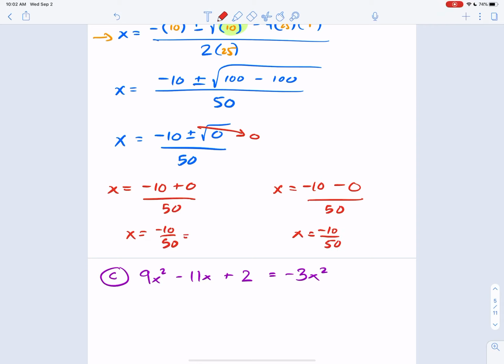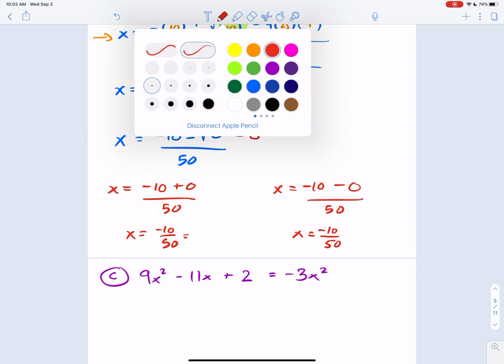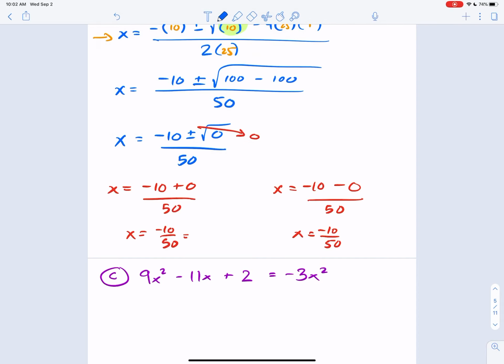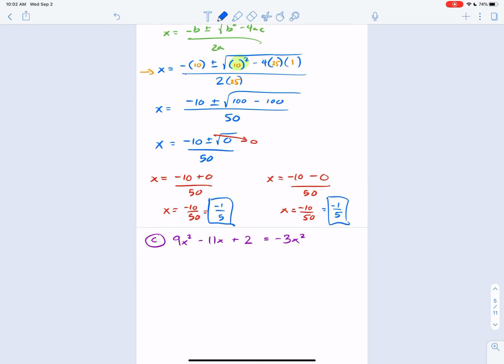Okay? This answer could definitely be reduced if you divide top and bottom by 10. You should get negative 1 over 5, negative 1 over 5. Now, in the case that your solutions are the same, you only need to write it out once, okay? So especially on Delta Math, let's say you're solving this out and you find out that your two solutions are the same, all you would write is x equals negative 1/5.